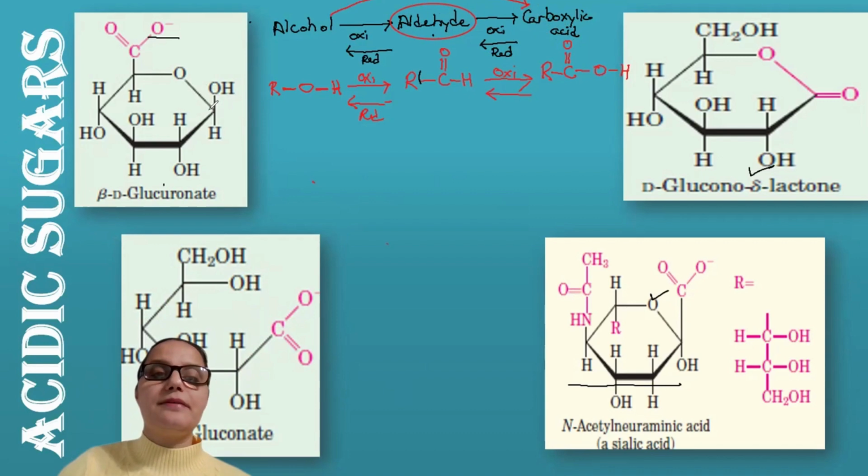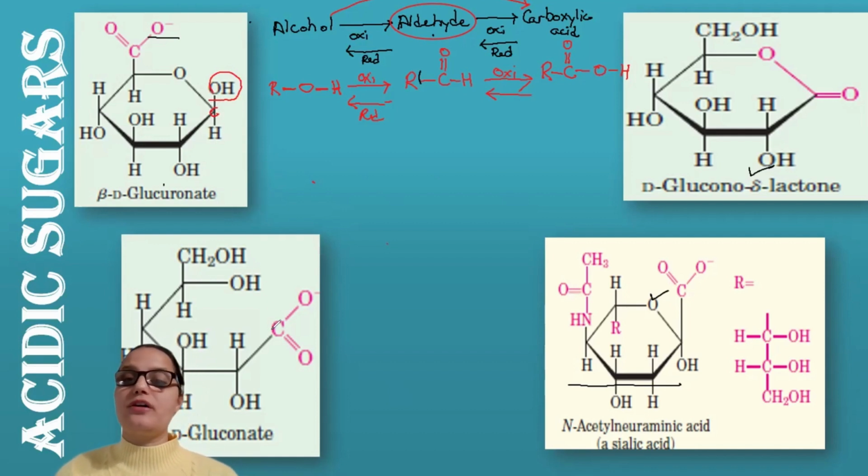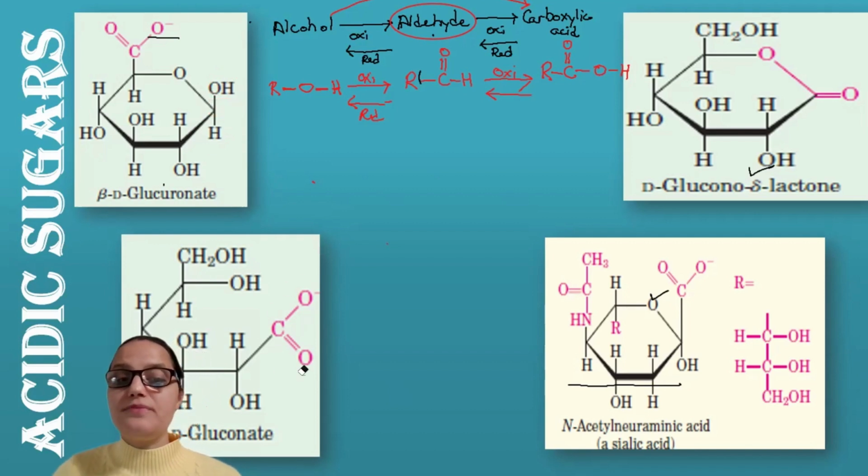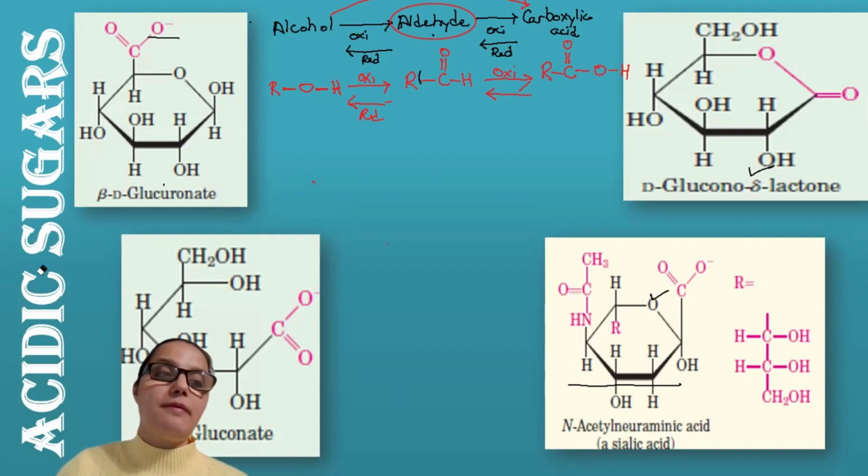So over here, this carbon is associated with an alcoholic group, like this hydroxyl group, and this hydrogen, if we just talk about carbon number one, right? Whenever this carbon number one gets oxidized and forms the carboxylic acid, the acids which are formed are called aldonic acids.